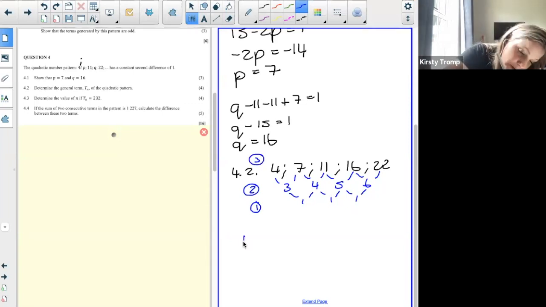So for number 1, I say 2A, because that's the first thing I know I need to do. I put a number 1 and I say 2A equals. 2A always equals the first constant difference, 1. So A equals a half.